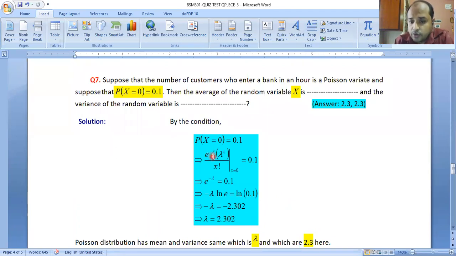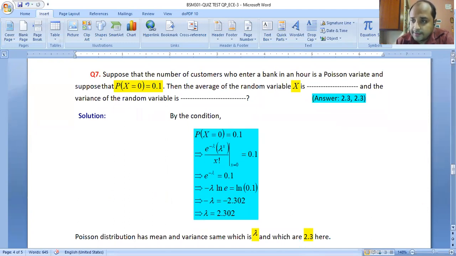Parameter has come out as 2.302, and we know for Poisson-variate, the parameter is the mean, the parameter is the variance. So 2.3 is both mean and variance for the respective Poisson variable, representing the number of customers entering the bank. So answer is 2.3.